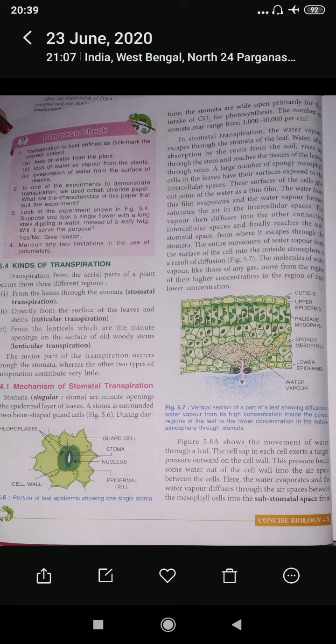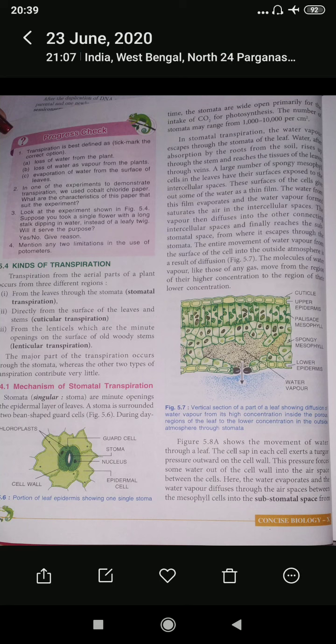Now, next we will discuss the mechanism of stomatal transpiration. As you all know, the water absorbed by root hairs enters the xylem vessels of the root and rises up to reach the xylem vessels of the stem.